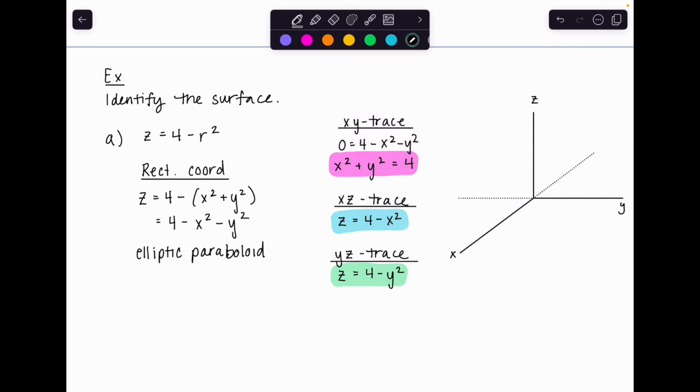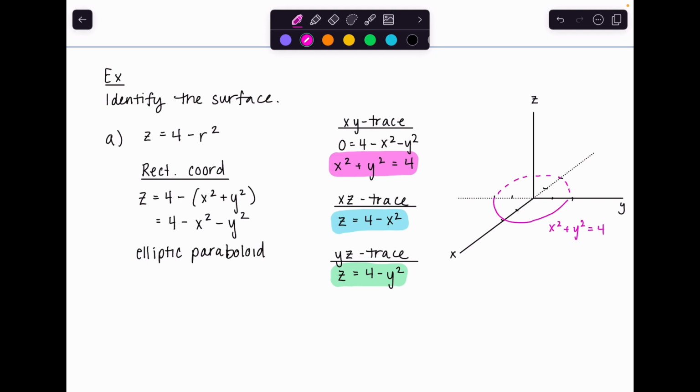In our xy plane, we have a circle of radius 2. We'll do our best to draw that, even though it's at an angle. Here is one half of the circle, and then you have the back half of the circle. So that's x squared plus y squared equals 4.